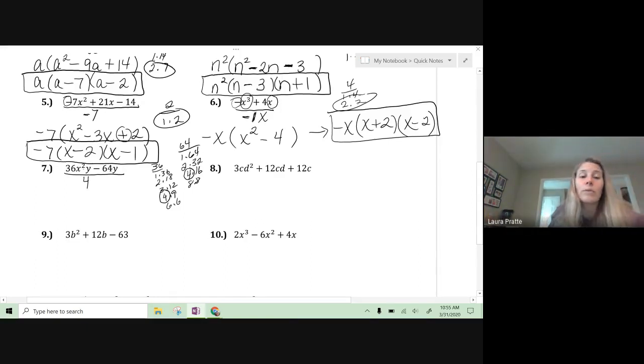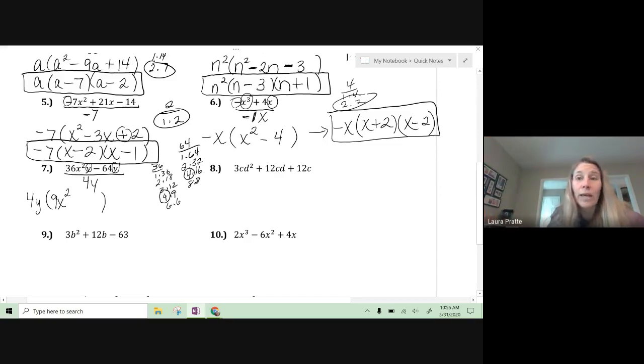Now let's look at our variables. What variables do they have in common? Well, the first term has an x squared, but the other term does not have any x's, so we can't take out any x's, but they both have a y. So you're going to divide out a 4y as your GCF. 36 divided by 4 is 9, and then we're still going to have that x squared there.